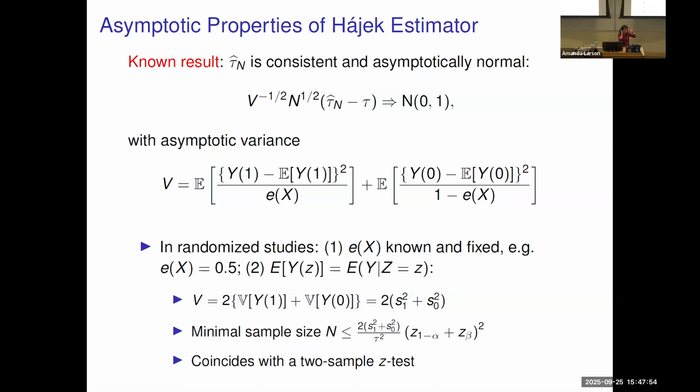So now let's think about why an RCT is easy. In an RCT, the propensity score is known: 0.5, flip a coin. So this is 0.5. And the expectation of the potential outcome equals the observed outcome in the corresponding arm. So this whole variance formula reduces to this. What is this?